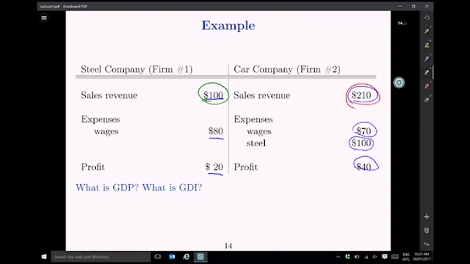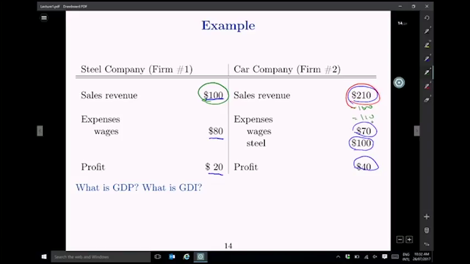Then the tricky part is the car company. What is the value added generated by the car company? Well, the car company produced a total sales revenue of 210, but is all of this 210 generated by the car company? No, right? Because 100 is from the steel company. That's why, if you calculate value added by the car company, we should take out the production of steel, because this is not done by the car company.